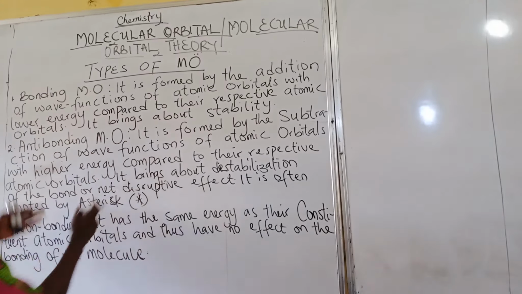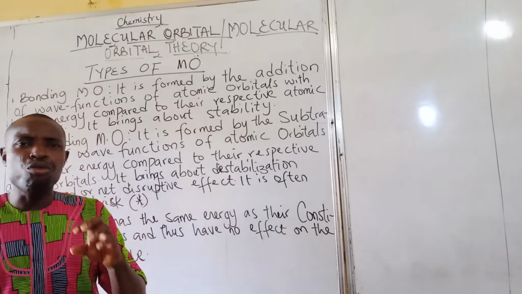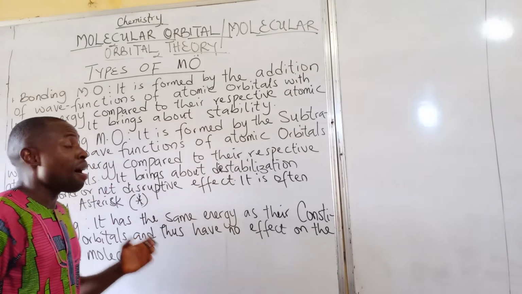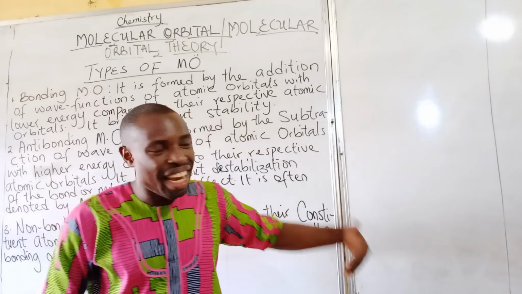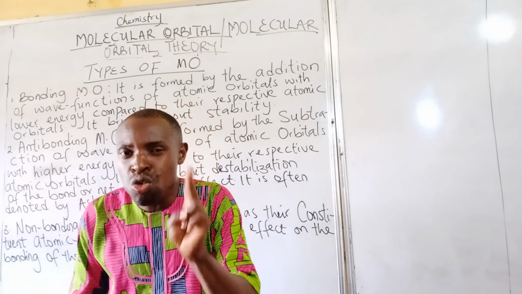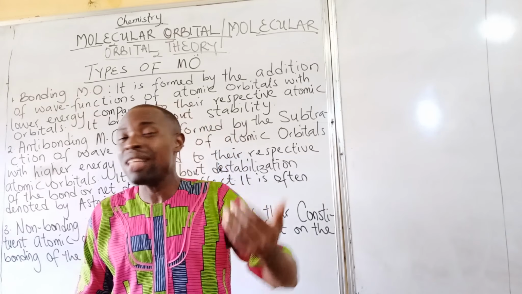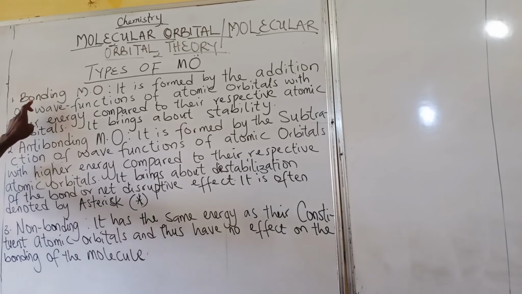So we continue. Now we're talking about the types of molecular orbitals. For what we'll be treating here, we'll make it two types of molecular orbitals, although there is another one which is called the non-bonding. The first one is the bonding molecular orbital.